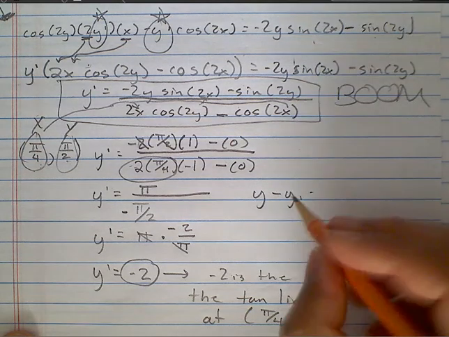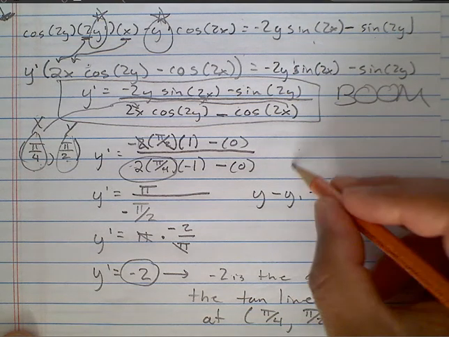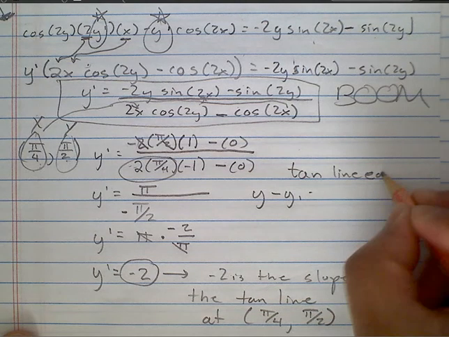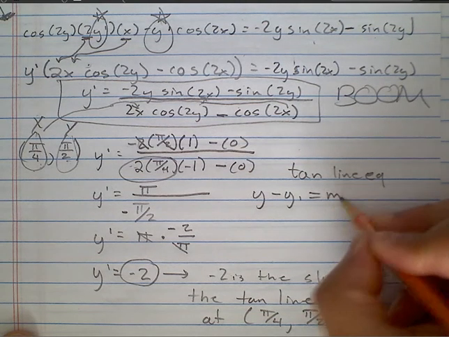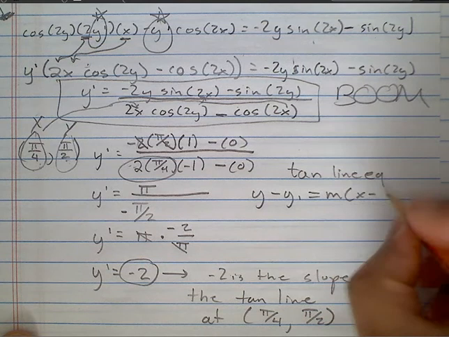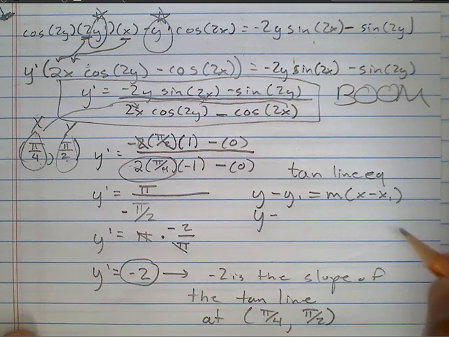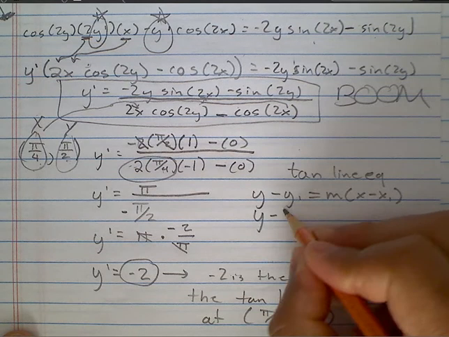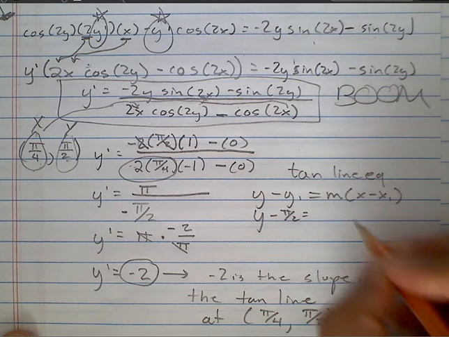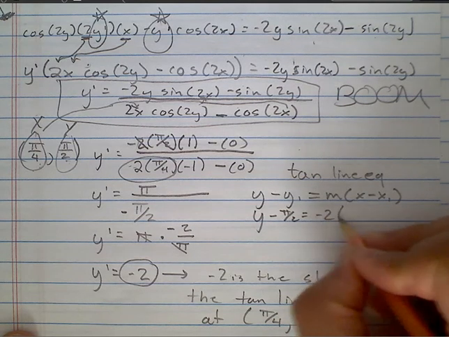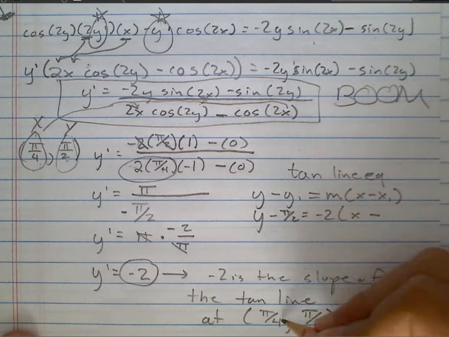So, and now I'm going to do the tangent line equation. Y minus y1 equals m times x minus x1. And then, so y minus, that's y, pi over 2, equals slope, that's the slope, negative 2, x minus, that's x, pi over 4.